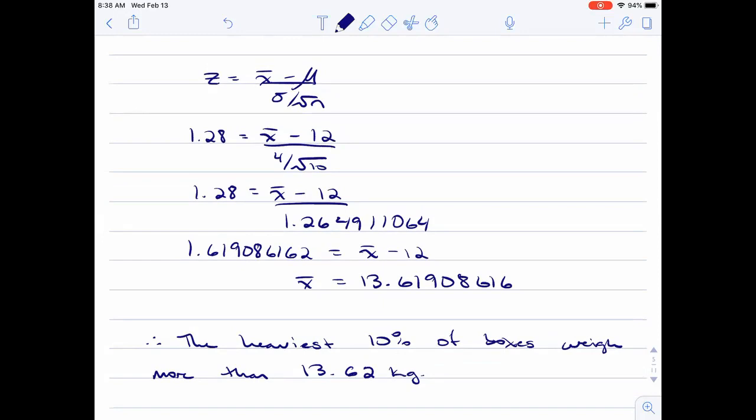I guess I should throw in on average, just to emphasize that this is a mean weight. Okay. Any questions about that one?